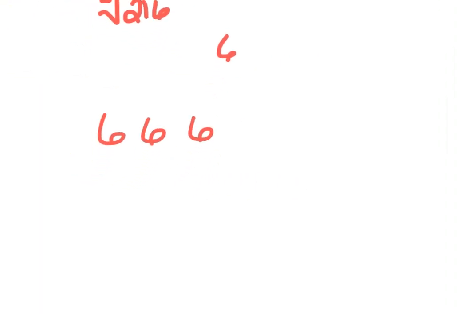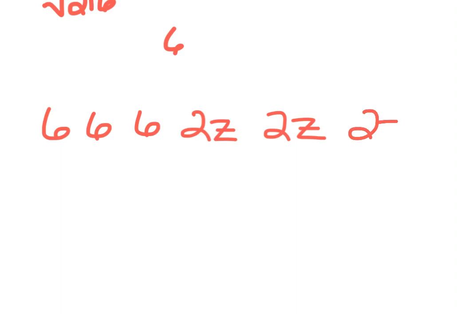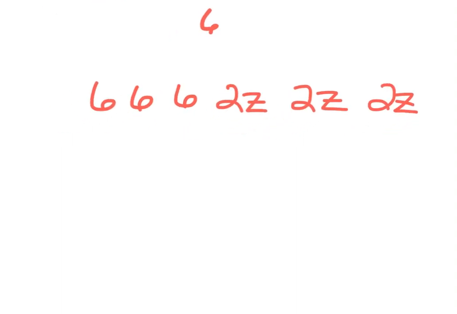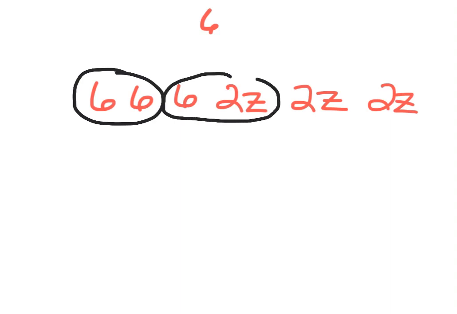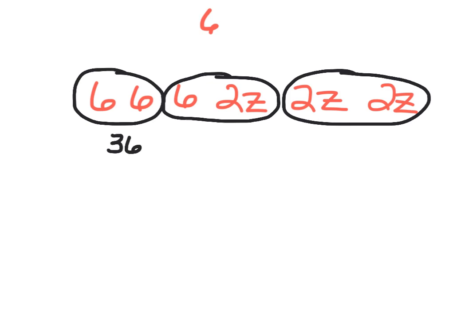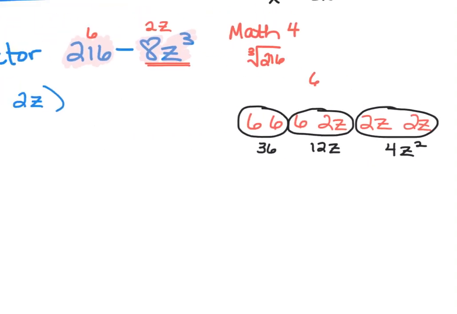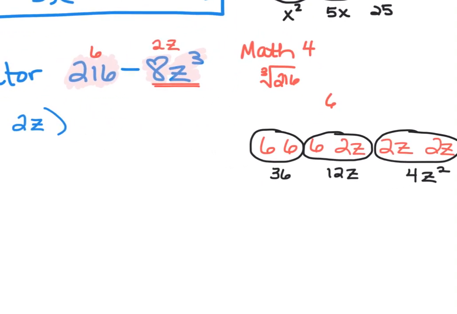And watch how this works here. 2z, 2z, 2z, and I'm going to circle them 2 at a time, 2 at a time, 2 at a time, and then multiply. 36, 12z, and 4z squared. Now keep those in that order. The 36 first, then the 12z, and then the 4z squared.